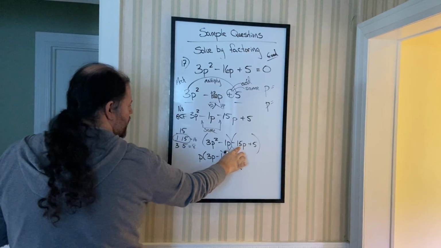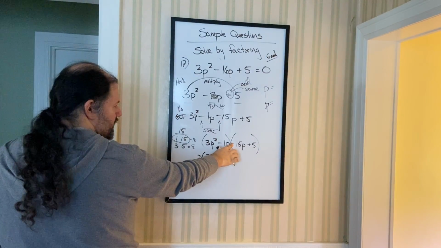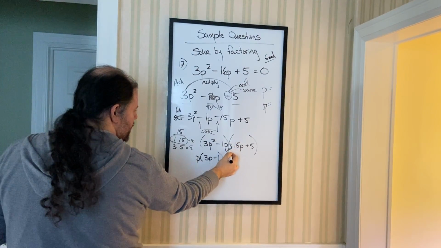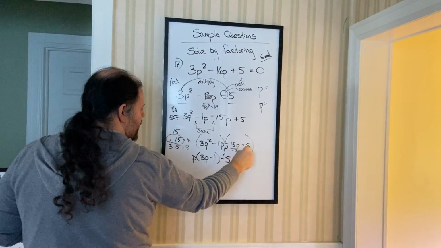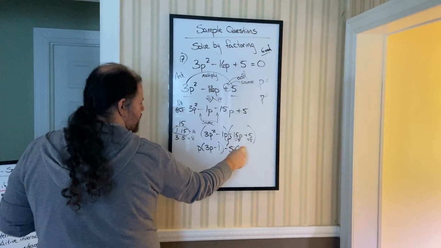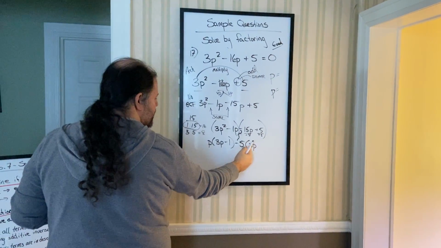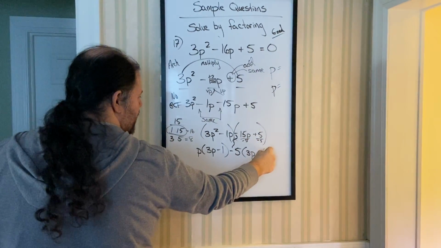Take out the GCF in the second set of parentheses. Looks like it's a 5. But because it starts as a negative, make sure this sign always comes down as part of the GCF. So make sure you're dividing each term by a -5, not just 5. That way the negatives cancel out and you get the 3p, remember, because these are supposed to match. And then +5 divided by -5 is -1.